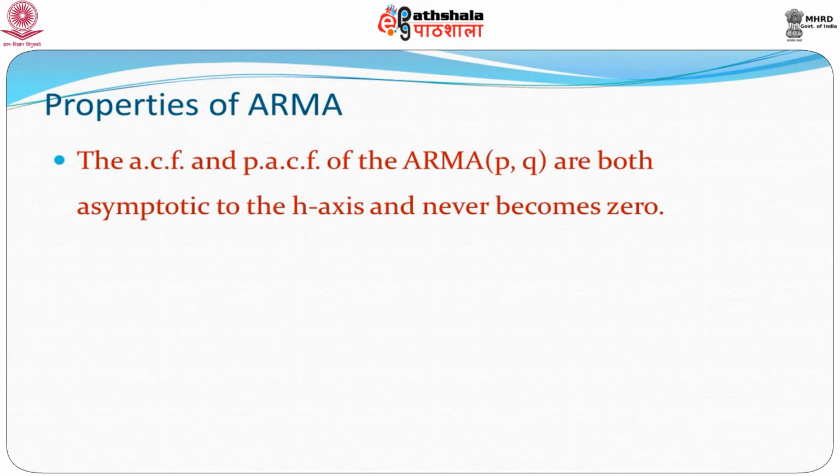For the AR, it was just the reverse: the ACF was asymptotic to the h axis and the PACF becomes 0 beyond p. For the ARMA, neither the ACF nor the PACF becomes 0 beyond p or q. So, it becomes asymptotic to the h axis.